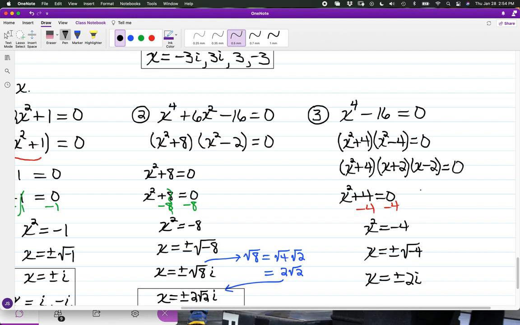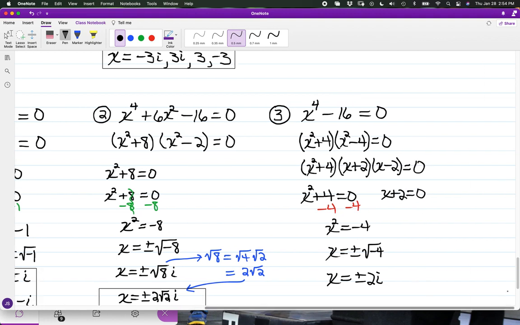And for x plus 2 and x minus 2 equal to 0, if I respectively take 2 away from both sides and add 2 to both sides, for x plus 2 we have x equal to negative 2, and for x minus 2 we have x equal to 2.